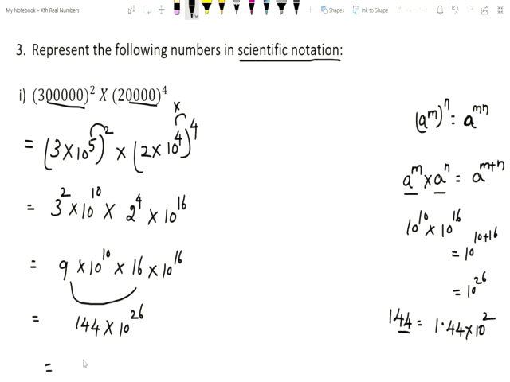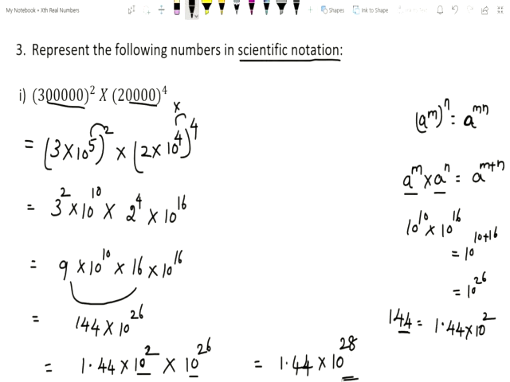So how we are going to write? 1.44 into 10 square into 10 power 26. Okay. Now you write it 1.44 into 10 power. See here, base are same. Powers you should add 2 plus 26. What you will get? 28. So this is the answer. What is the answer? 1.44 into 10 power 28.